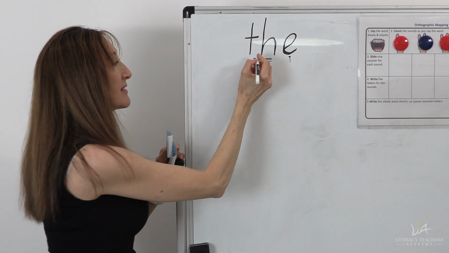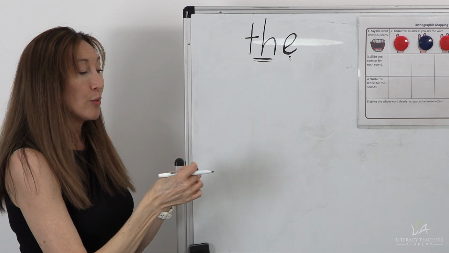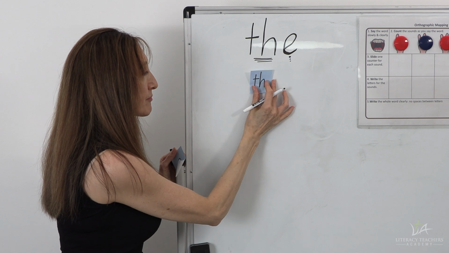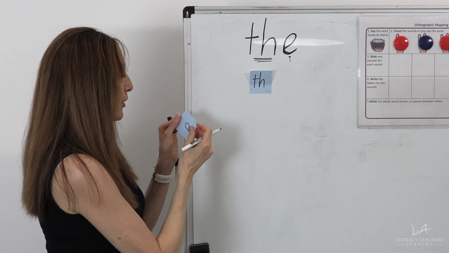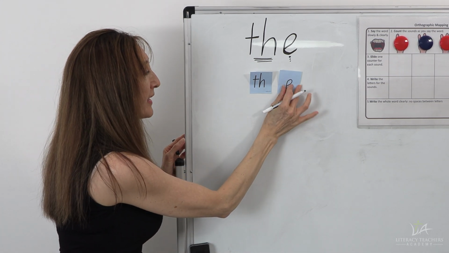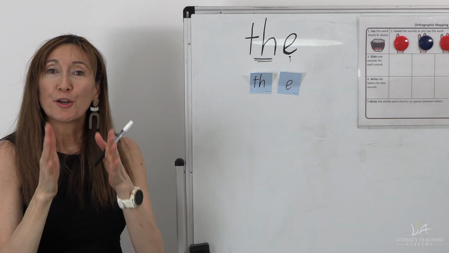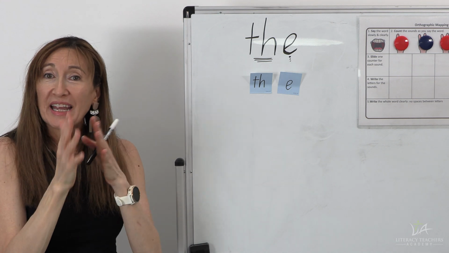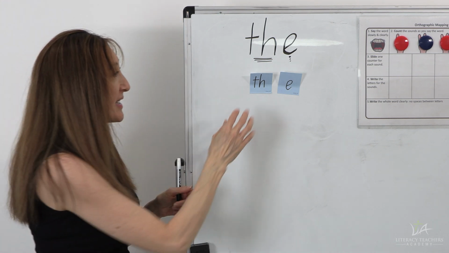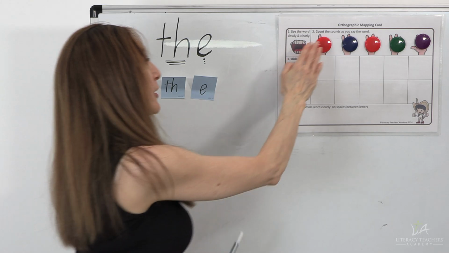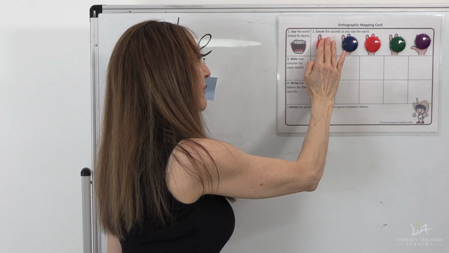So the child will now see these 2 go together. What you can then do is write those graphemes so that they are with any other graphemes that make the speech sound. So now when you get to this part, you're going to slide the markers.